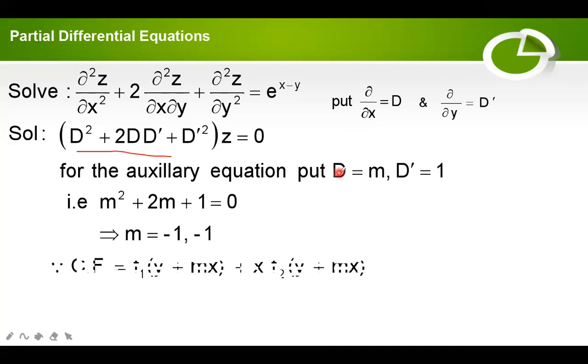In case of repeated roots, CF equals f1 of y plus mx plus x times f2 of y plus mx, where m equals minus 1. Therefore we get f1 of y minus x plus x into f2 of y minus x.